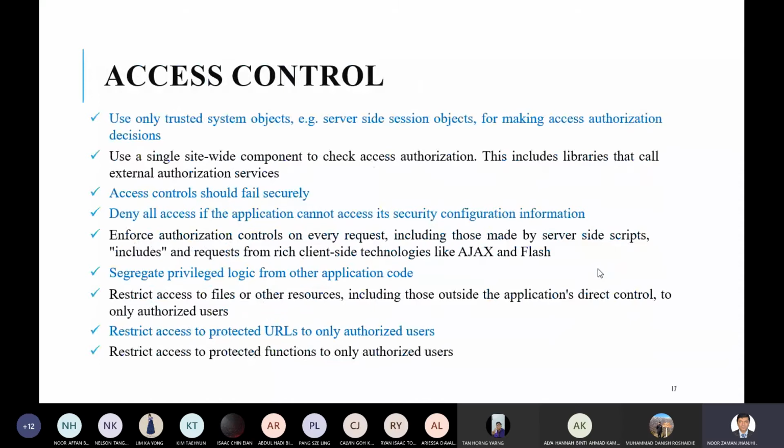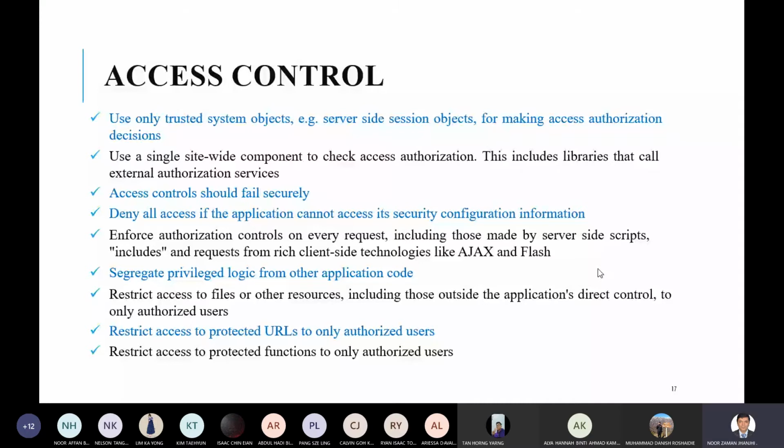Now, further about access control. I hope that you are aware of access control as well. Once any user provides the correct login information, then a session is formed, and after the session, the user will have access to the resources.